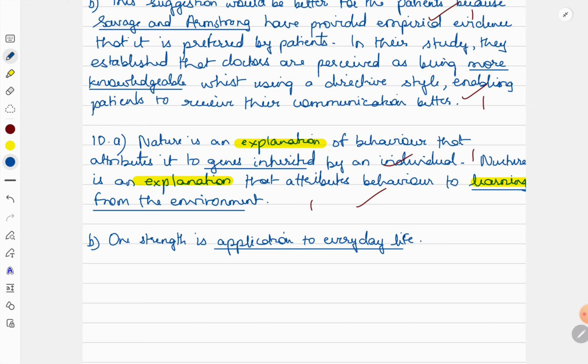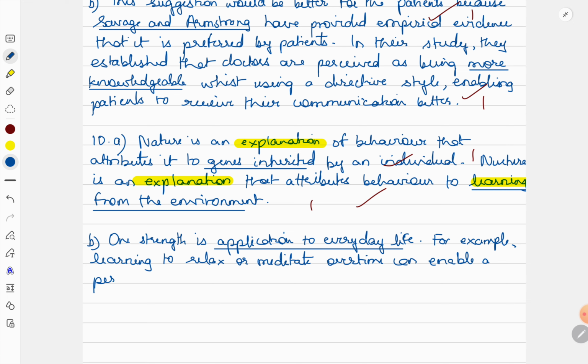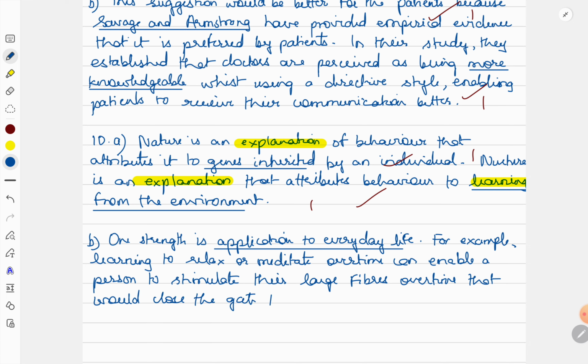So here I can say, for example, learning to relax or meditate over time can enable a person to stimulate their large fibers over time that would close the gate for smaller fibers during experience of pain, thereby lessening pain sensations.